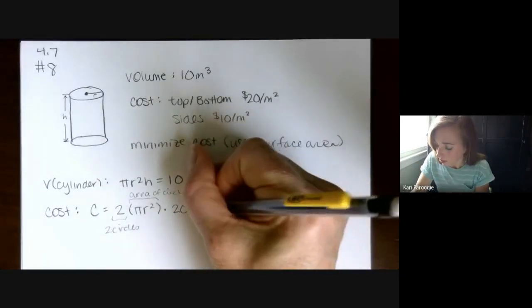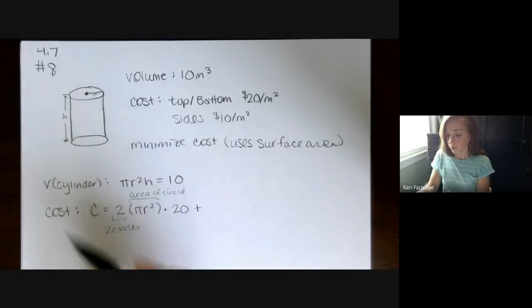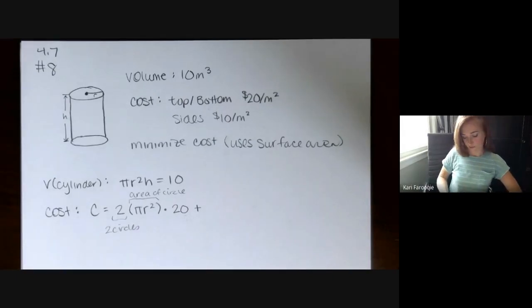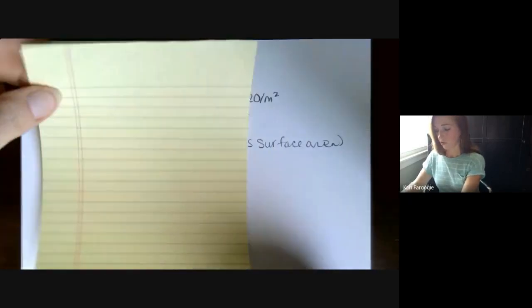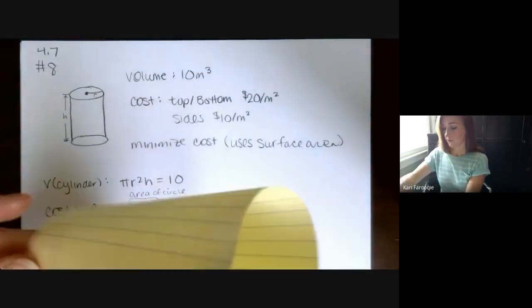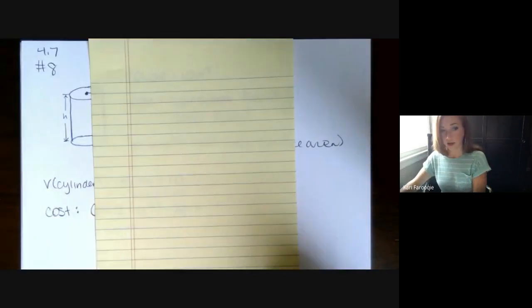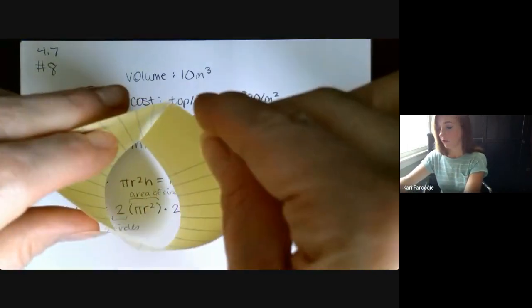And then we'll add that to the surface area of the sides. And I think this is one that people have a harder time coming up with. So for your cylinder, remember that you're going to create a cylinder by taking a rectangle and just making a circle out of it. So there's your rectangle. We made it into the sides of a cylinder just by swinging it around itself.